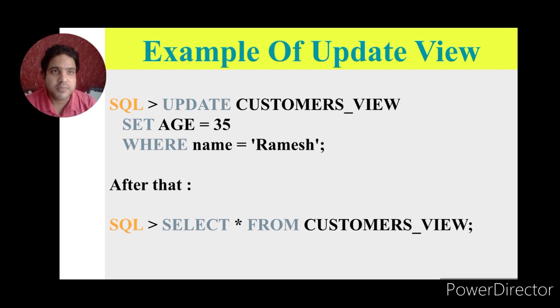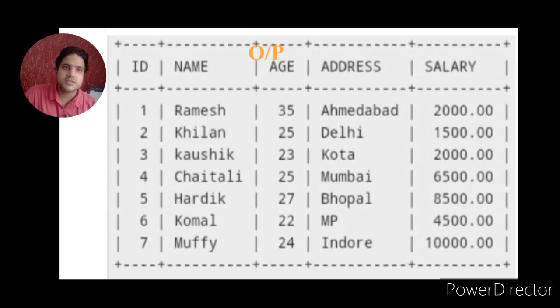Now let us see an example of update view. We can write here: update customer view set age as 35 where name is Ramesh. It means the customer view contains two things, name and age. The age of Ramesh will be changed to 35, and the output from the customer view will show age is 35.